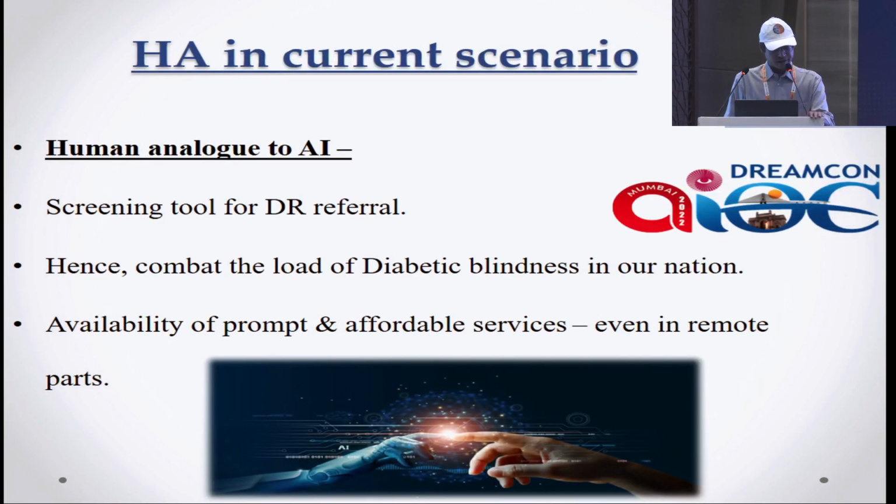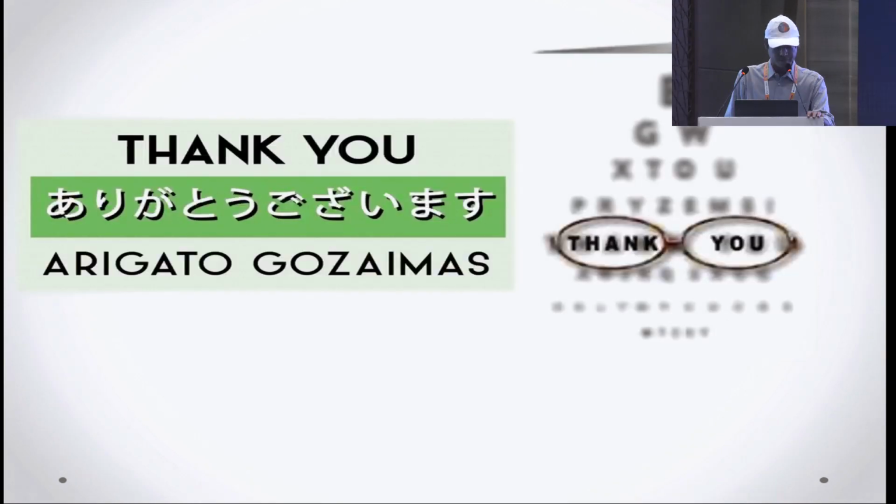In the current scenario, human analog can be considered a very important screening tool for diabetic retinopathy referral, and this would combat the load of diabetic blindness in our nation. This would also be a very good opportunity for availability of prompt and affordable services in the remote parts of our nation. Thank you so much.